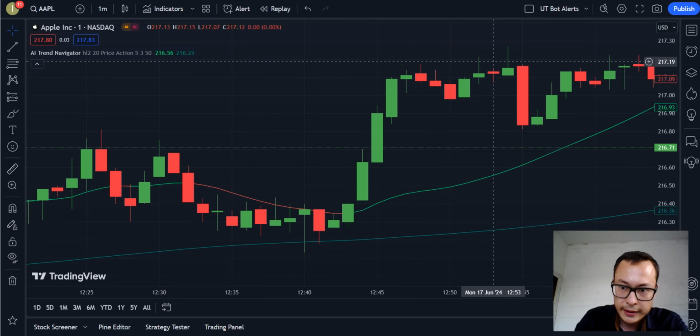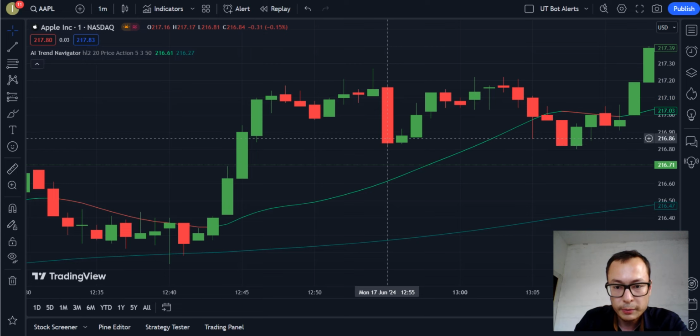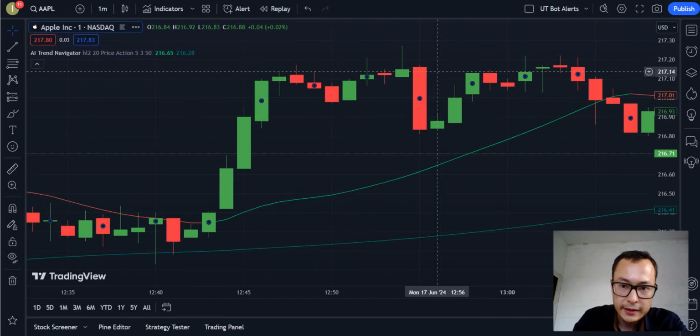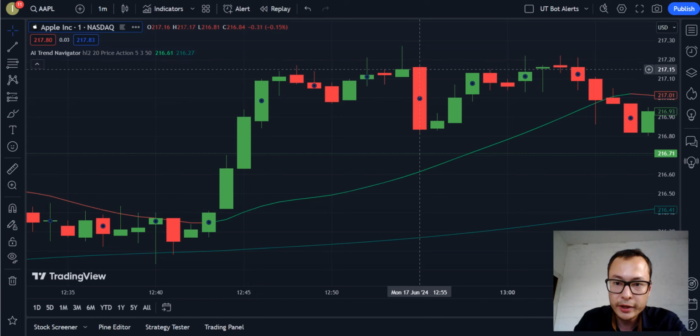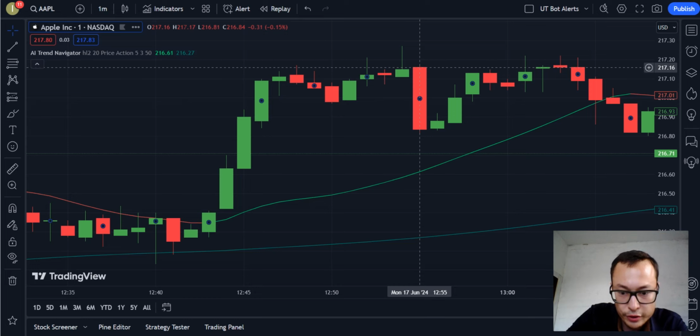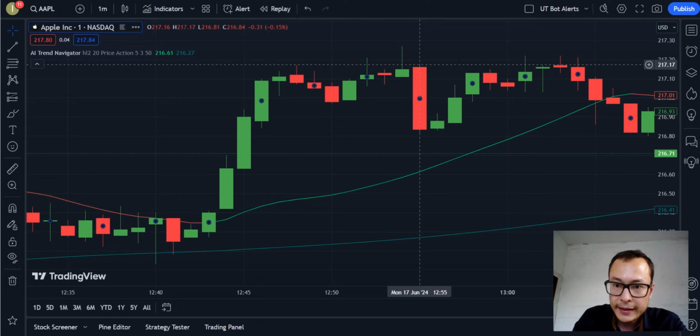And the red candlestick bar represents a decrease in the price of the Apple stock within 1 minute. So it's interpreted differently. The red candlestick bar starts from the top, and here it's June 17, 2024, 12:55 p.m. This red candlestick bar represents the price of the Apple stock at 12:55 p.m., which was $217.16.